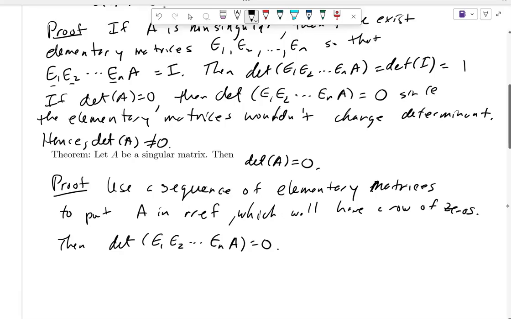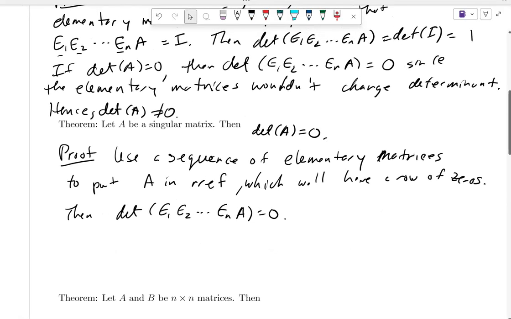But let's think about what happens on the left-hand side here. No matter what, I can break up this determinant over this product, because think about what happens. If we know E1, for example, multiplies a row by a constant, then it changes the determinant by that value, right? And so on down the line.